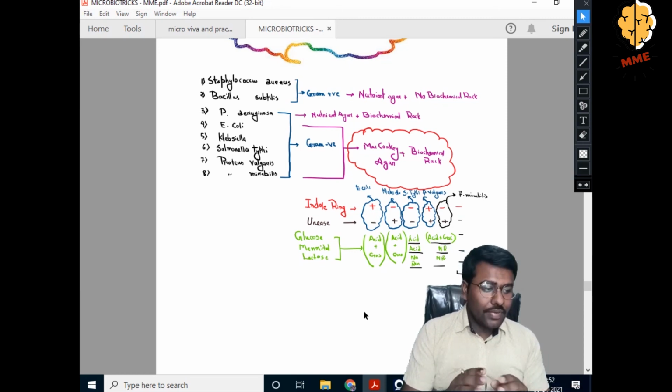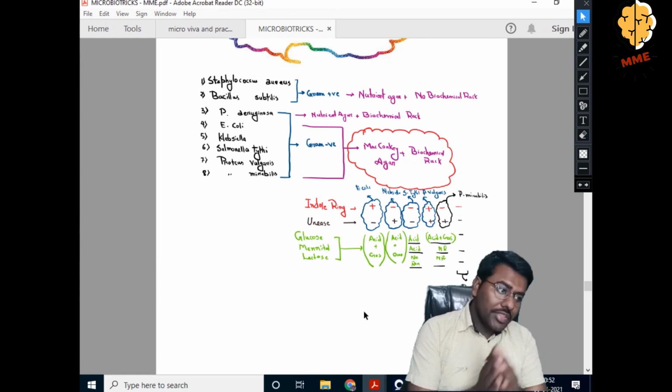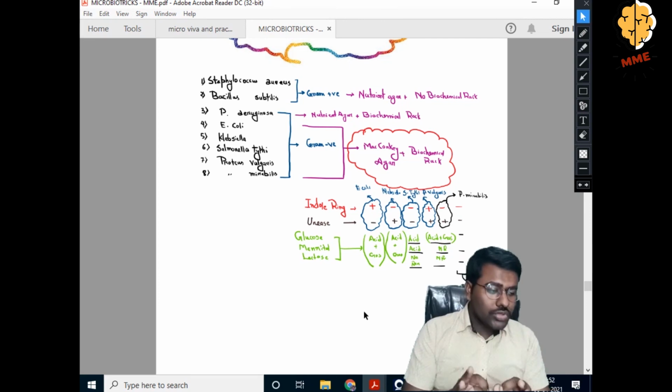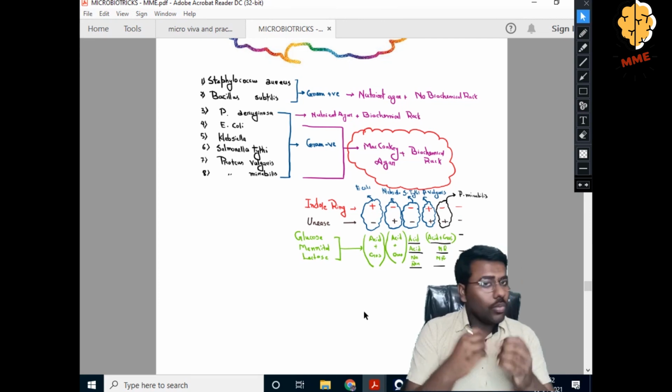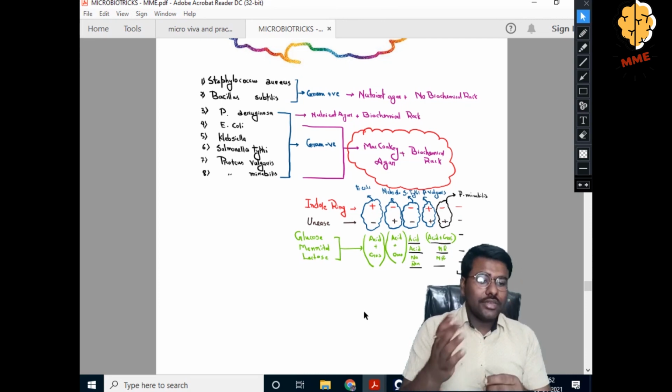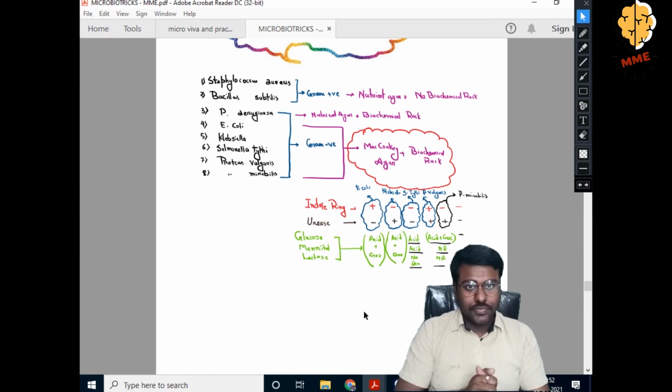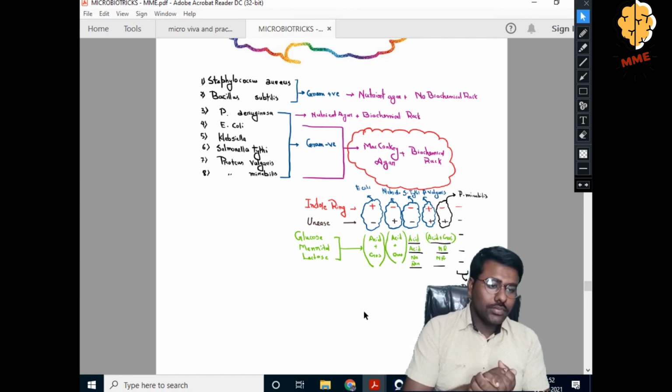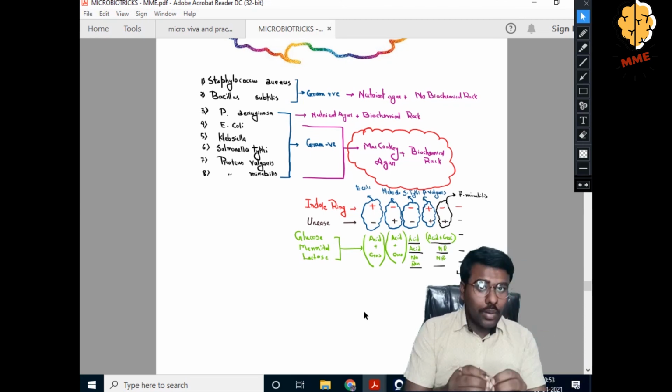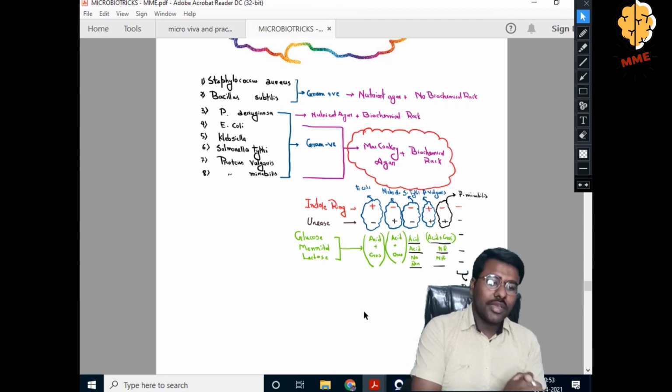Clearly you can identify them with the gram stain, only gram stain, that's it. And if it is nutrient agar with the biochemical rack, this is the easiest, because without anything you can say that this is Pseudomonas aeruginosa, okay. So nutrient agar with biochemical rack, Pseudomonas aeruginosa. Nutrient agar without biochemical rack, do gram staining: gram positive coccus means Staphylococcus, gram positive rod means Bacillus subtilis, okay.